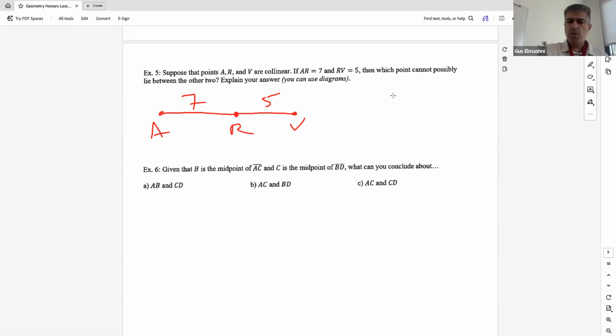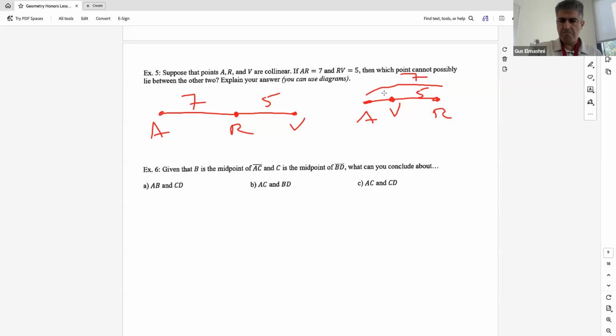What if AR was the longest segment? Or actually, let's do it like this. What if AR is the longest segment, and that's V? That's fine. But can A be between R and V?